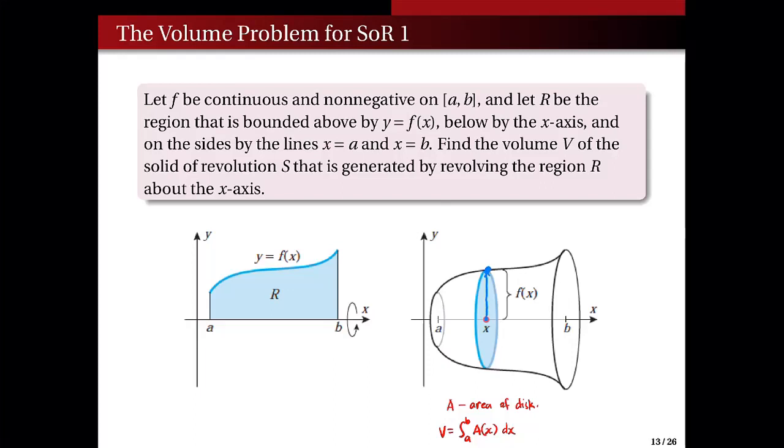So the radius is actually f of x. So this area here will just be pi times f of x squared. So this is what we're going to derive.